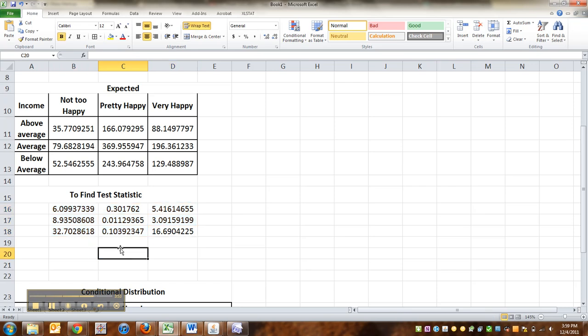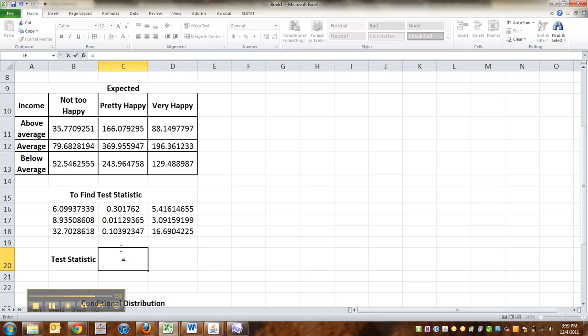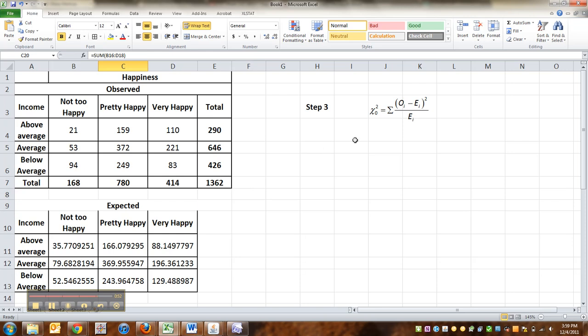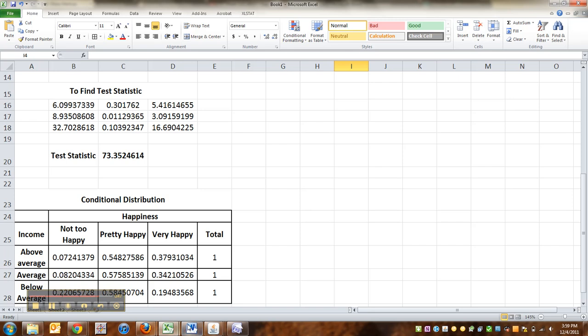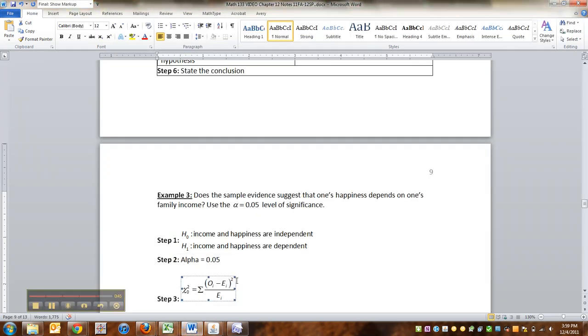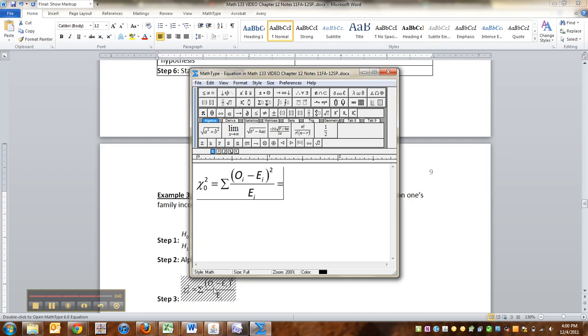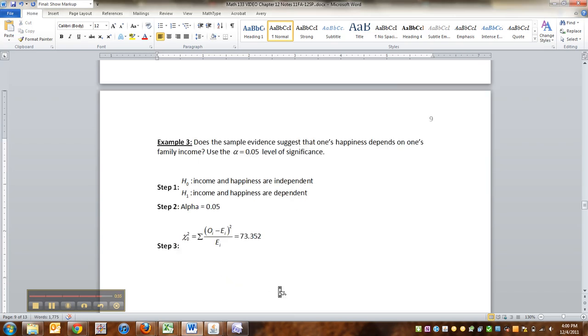Okay, so the test statistic is equal to the sum of this whole shebang. There we go. It's 73.352. Right there. Okay, so I'm going to go back to my lovely formula here, and I'm just going to say that that was equal to 73.352. Test statistic done.